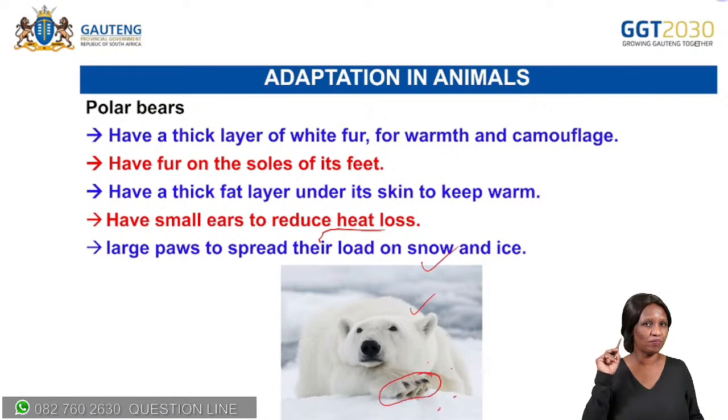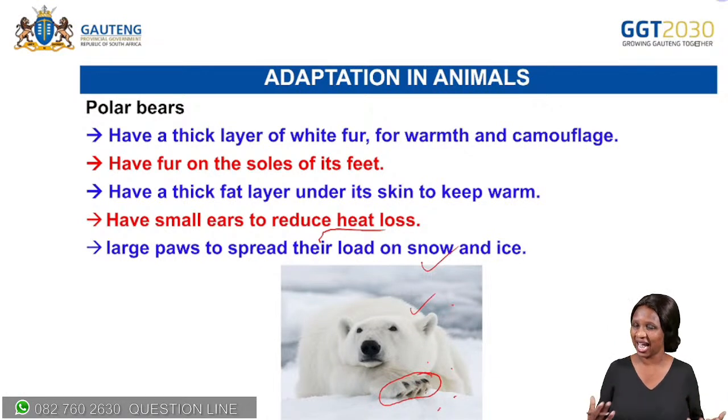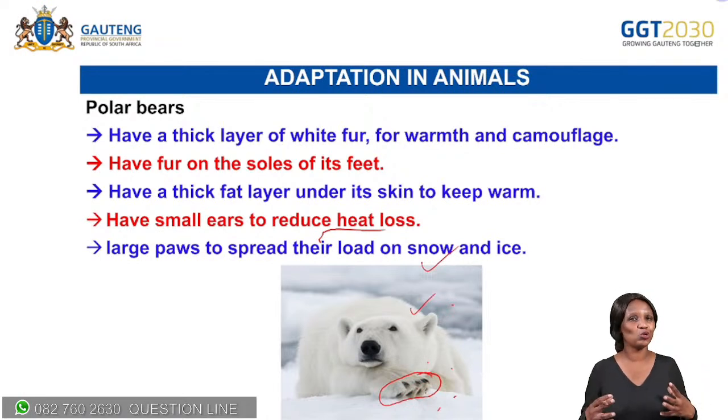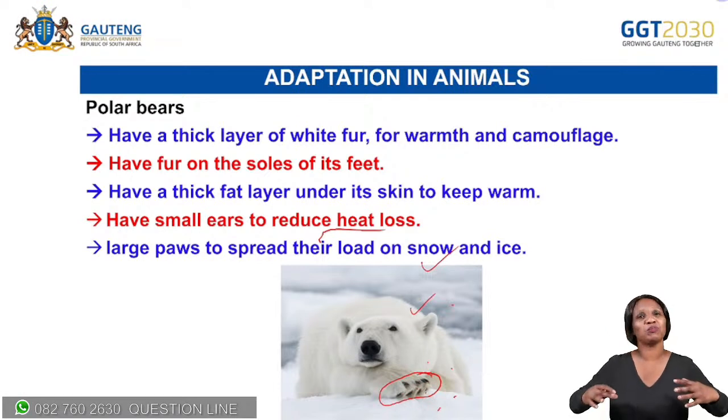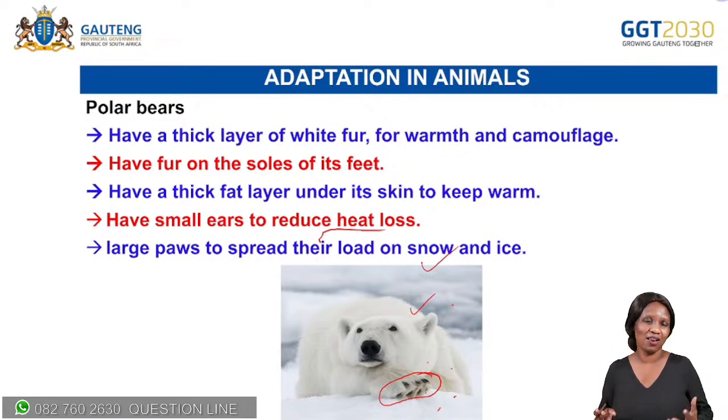Because it needs to be warm. Because this area is very cold. It is an icy area. It is a snowy area. It is very cold. Therefore, animals that survive in these extreme conditions must be well suited for that environment. Do you get that?